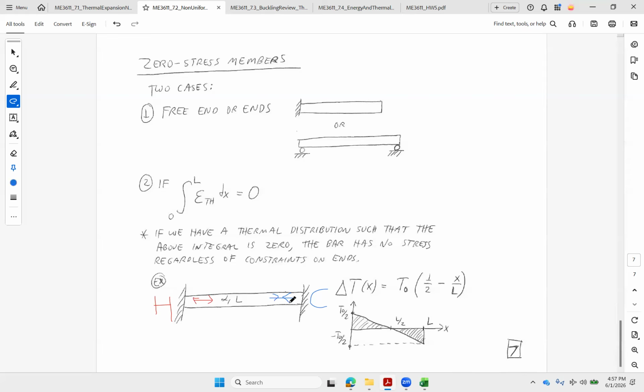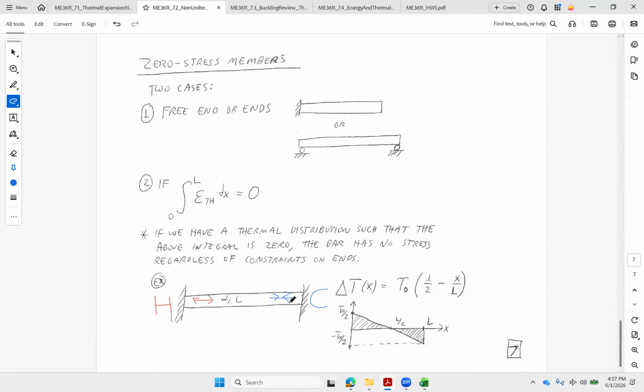Now, in reality, we're very unlikely to come to this exact case, but there are plenty of times where we might be flowing from a hot reservoir to a cold reservoir in an HVAC or refrigeration cycle or cryogenic cycle or anything like that, where we could take some advantage and say, okay, while this part of it's going to be expanding, this part's going to be compressing, and we can reduce the overall stress.